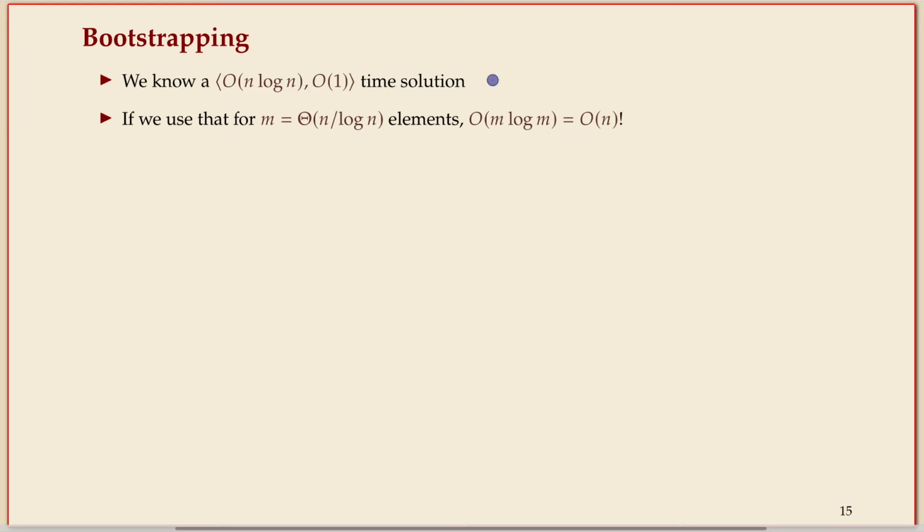So the bootstrapping part is we use the sparse table solution, which is not fancy. We've seen how this works. We use that as a black box, but on a smaller input. We first have to throw out almost all the numbers. Just a 1 over log n fraction remains. But on these numbers, we can use the existing technique and we get the optimal preprocessing time.